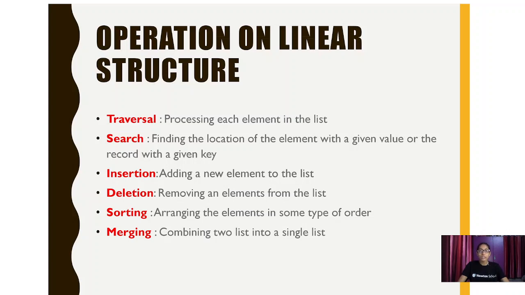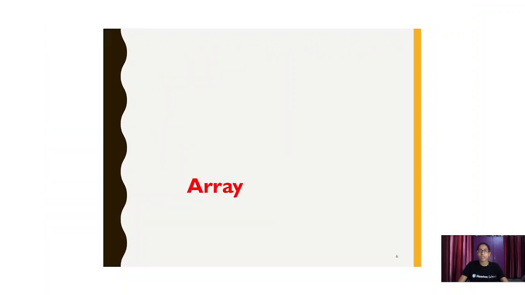Second, search means finding the location of an element with a given value, or a record with a given key. Third is insertion, adding a new element to a list. Fourth, deletion, removing an element from a list. Sorting means arranging the elements in some type of order. And sixth is merging, combining two lists into a single list.